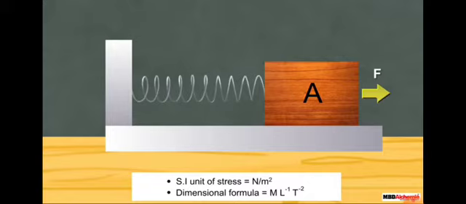The unit of stress is Newton per meter square, or also you can write it Newton per mm square. And the dimensional formula for the stress is ML^-1 T^-2.